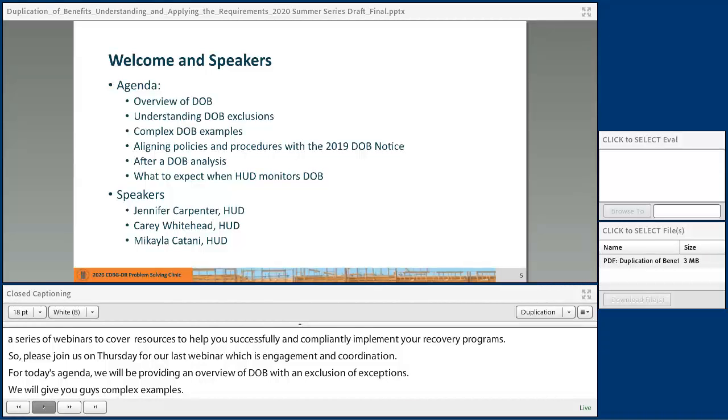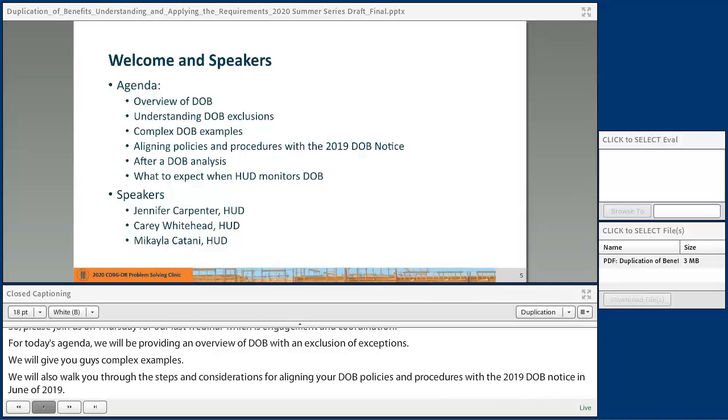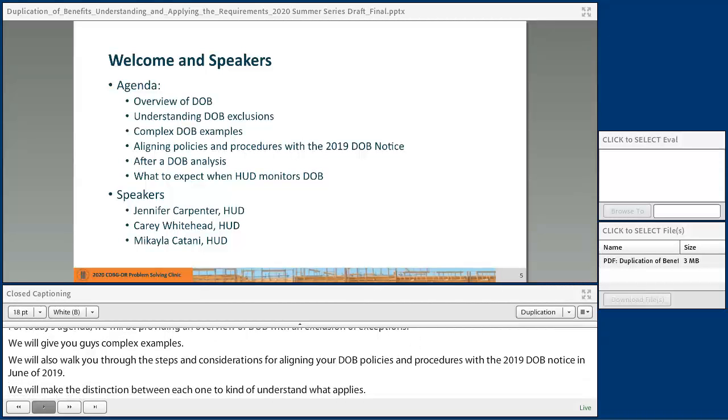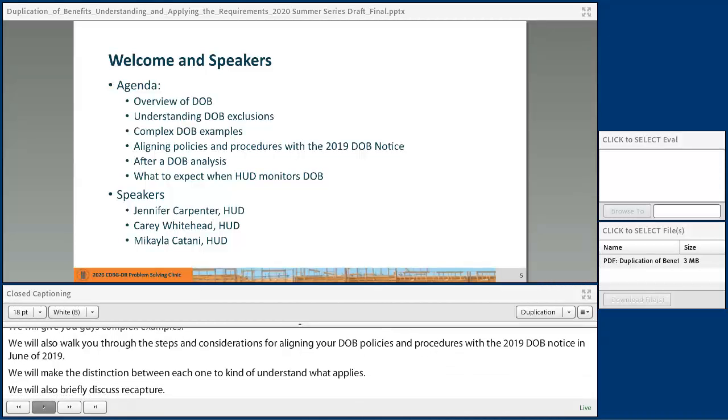And we'll make the distinction between each disaster class to help you understand what applies. We will also briefly discuss recapture and some general best practices of DOB and recapture policies, as well as what to expect when HUD is coming to monitor for your DOB.